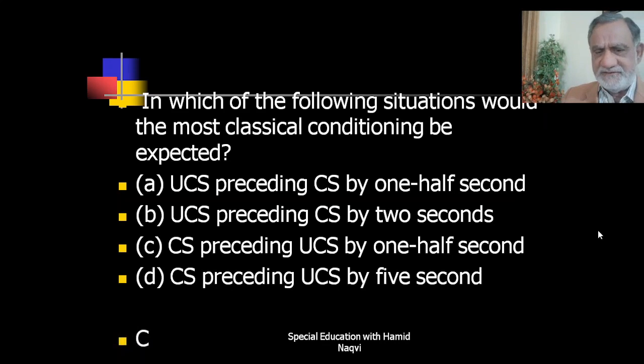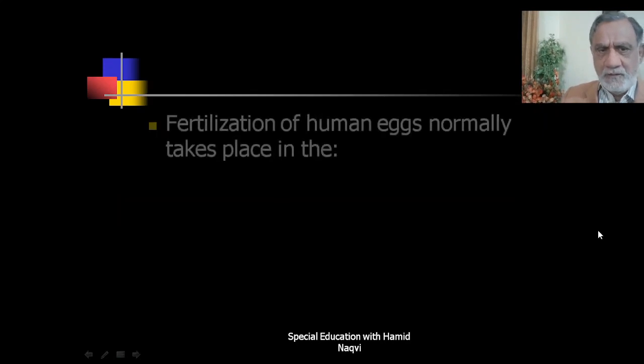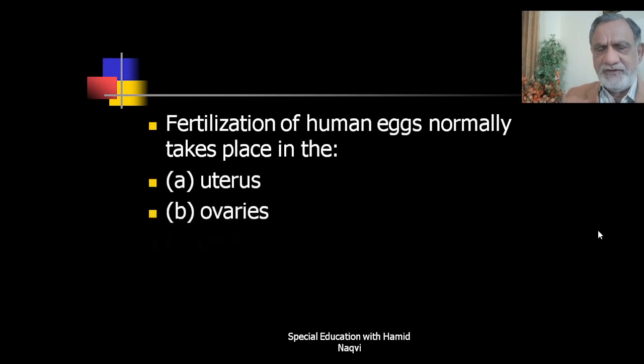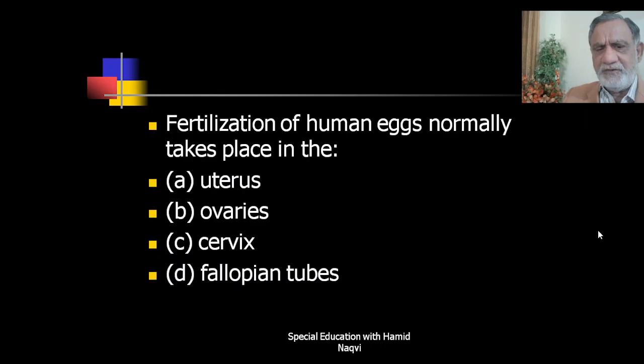The correct answer is C, that is CS preceding UCS by 1/2 second. Fertilization of human eggs normally takes place in the uterus, ovaries, cervix, or fallopian tubes. The correct answer is D, that is fallopian tubes.